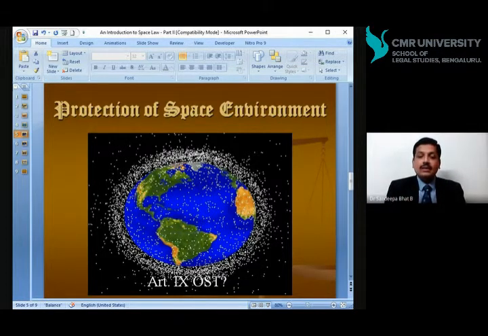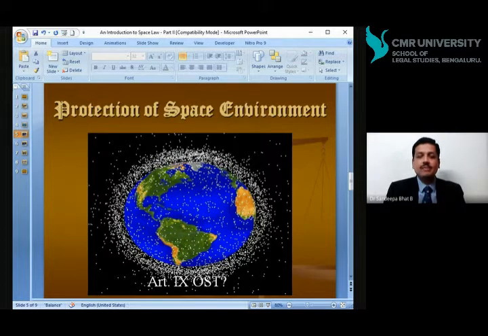But unfortunately, even if we look generally into these phrases, it is very clear that harmful contamination is a much, much narrower term when compared to adverse changes. Therefore, Article 9 focuses more on preventing the environmental pollution in the Earth rather than the environmental pollution in the outer space.